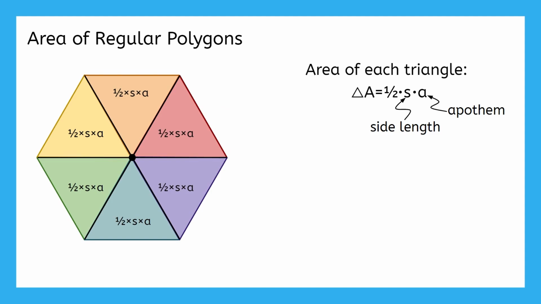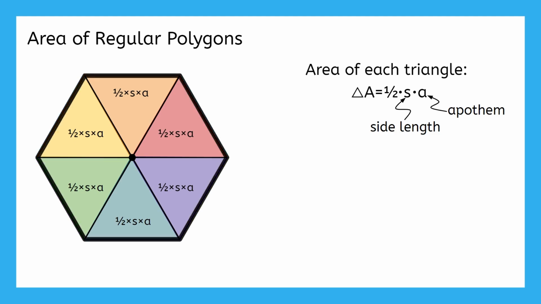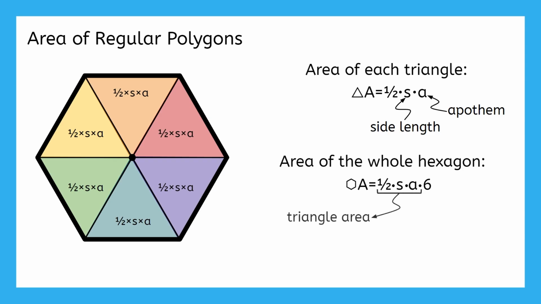And if I put all of these triangles together, they make the total area of the entire regular polygon. In this hexagon, there are 6 of these triangles. So to find the area of the whole hexagon, we can calculate 6 times the area of one triangle to get the total area.